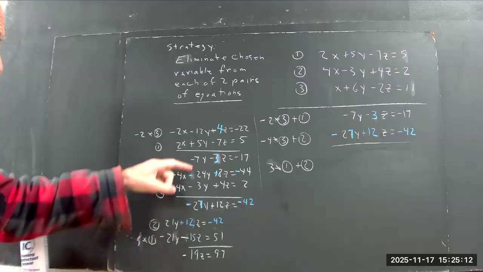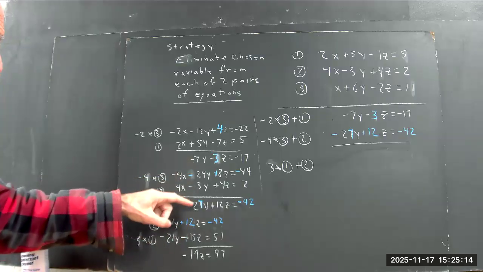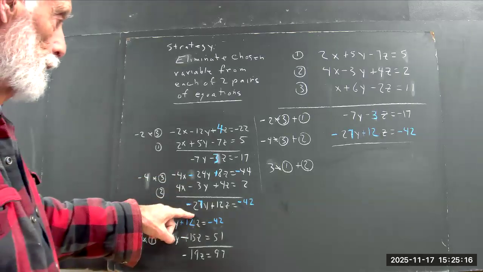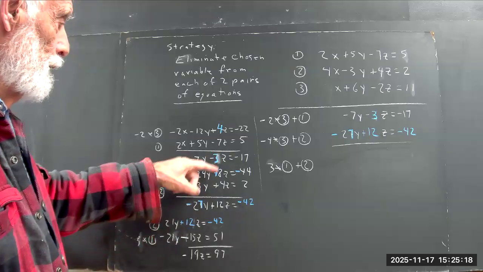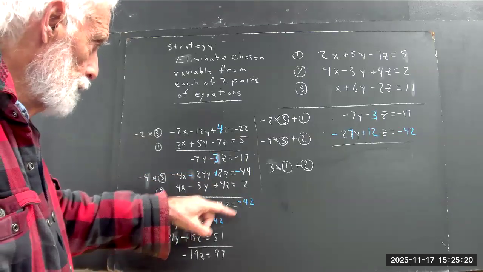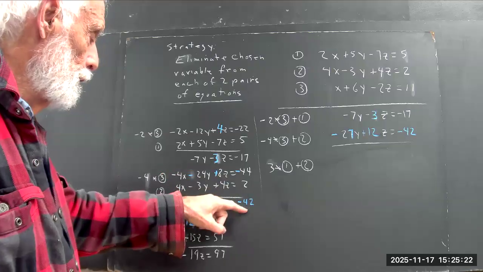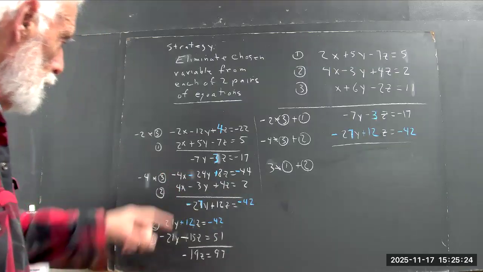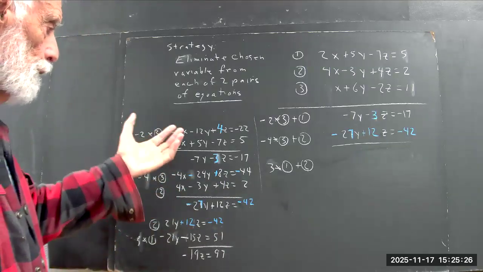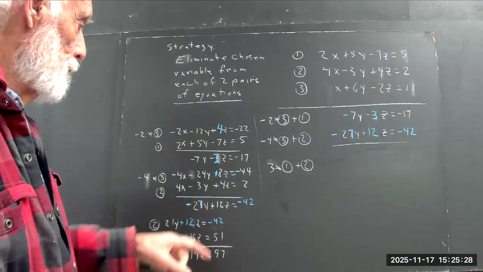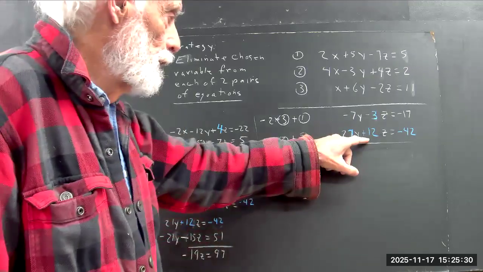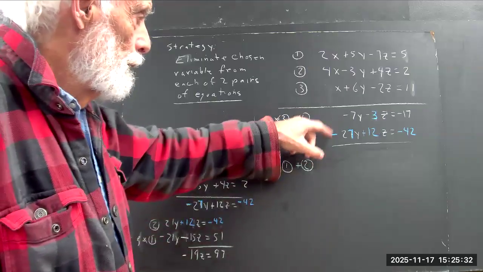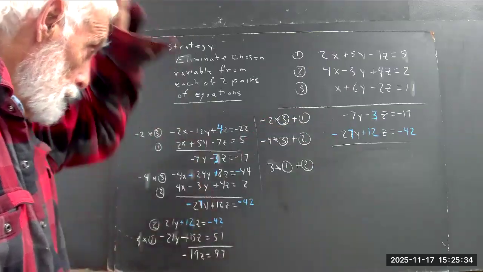And we add the results and we get -24y, -3y is -27y. 8z and 4z is 12z. -44 and 2 is -42. And of course, the -4x and plus 4x give us 0. So here's our second equation of this pair.